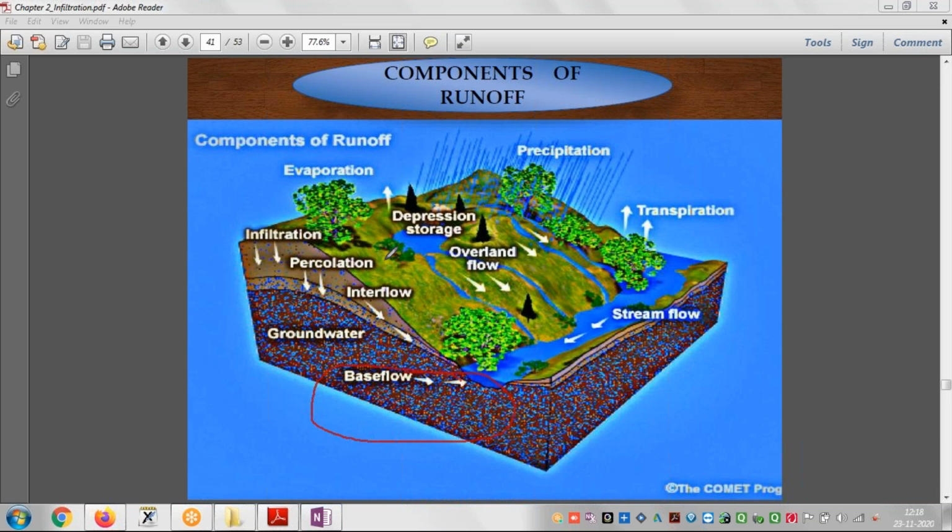And here is percolation or interflow. This is water which is below the surface, but very near to the surface. But the water which is at very high depth meets this river here. Now you can also observe that some of the water which is collected in ponds or holes is called depression storage, and the water which is flowing here is overland flow.